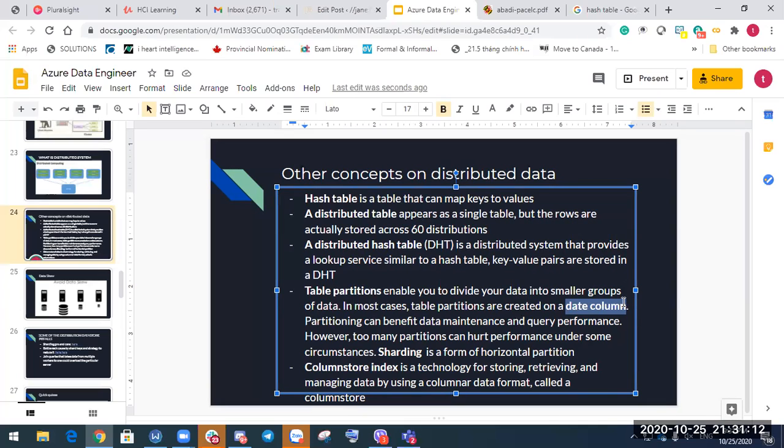I'll explain why later when we talk about the sharding concept. But remember, when you partition a table, you want to use a date column, but when you shard, you don't. Partitioning can benefit data maintenance and query performance. However, too many partitions can hurt performance under some circumstances. Okay, so let's talk about sharding.